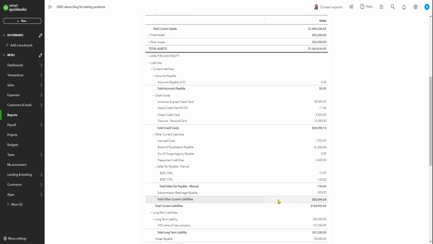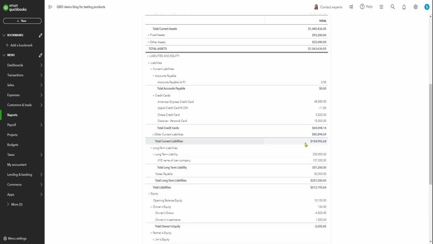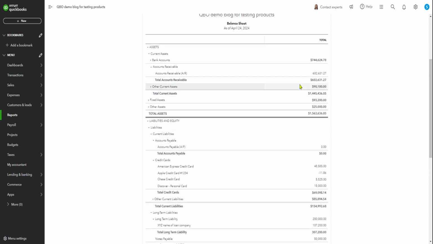So the current liabilities I have in this balance sheet is $154,000. So as you can see here, it's 1.3 million versus 154,000.